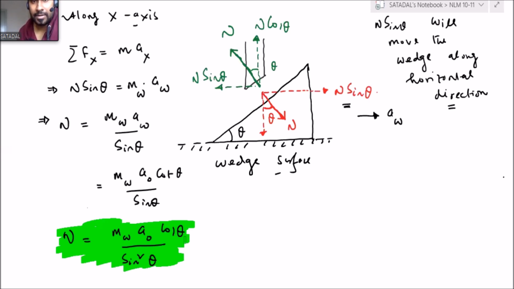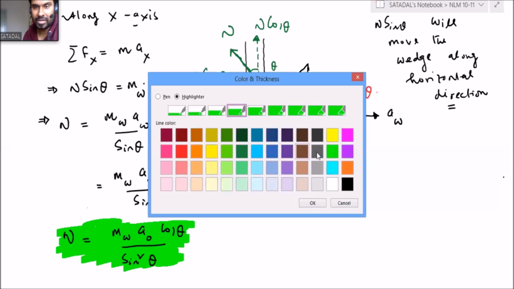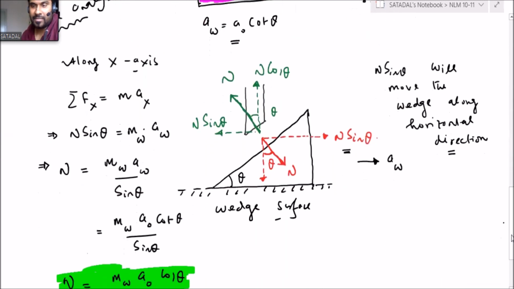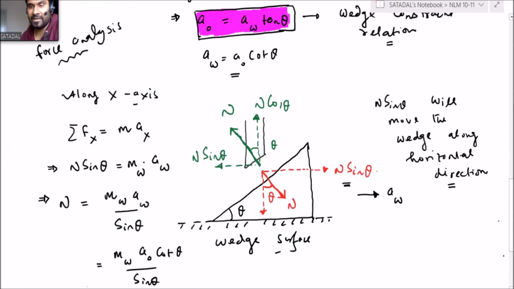Akash: Sir, why are they not cancelling each other, sir? N sin theta and N sin theta, who is cancelling? Sir, N is the normal reaction, so it should be an action-reaction pair. They will be an action-reaction pair when we consider the motion of the entire system. But here we are considering the motion of only the wedge. I am saying a very simple thing: we live in India.